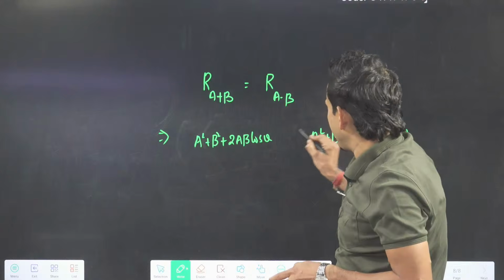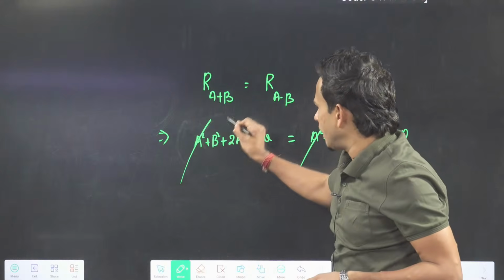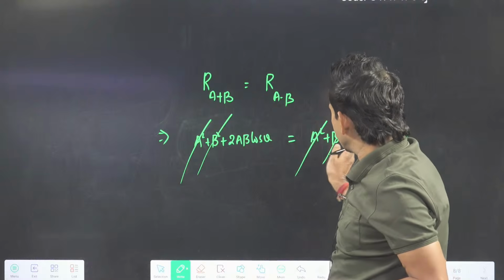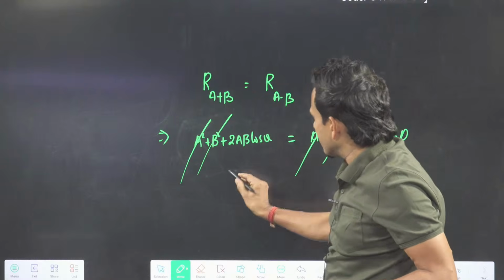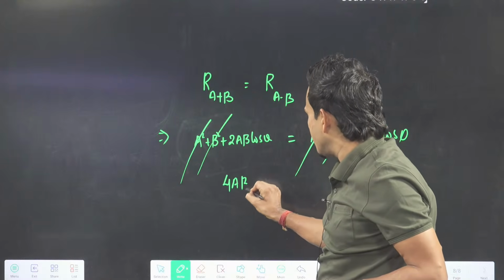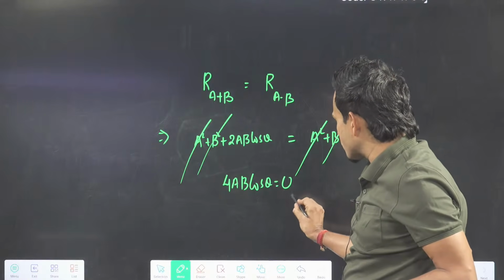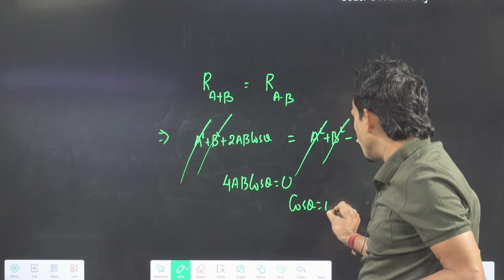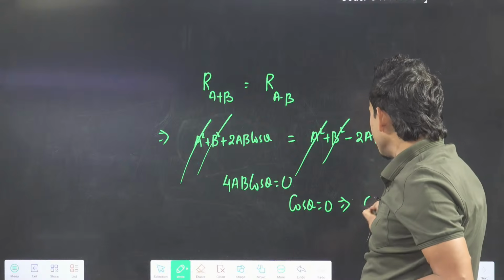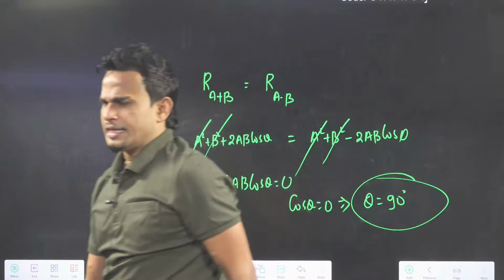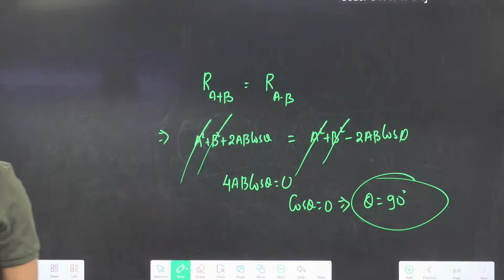After this, A square, B square cancel. You can bring 2AB cos theta this side, and the minus will come this side, so it will become 4AB cos theta equal to 0. That means cos theta will be equal to 0, so theta will be 90 degree. I think everyone has got the answer.